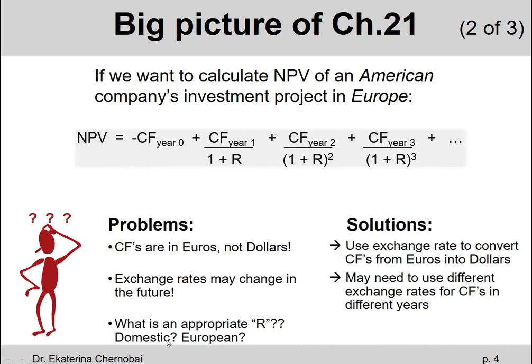Is it the return required for similar projects domestically or in Europe? The solution is we may need to somehow incorporate the information on both the European and the American required returns in our net present value calculations.